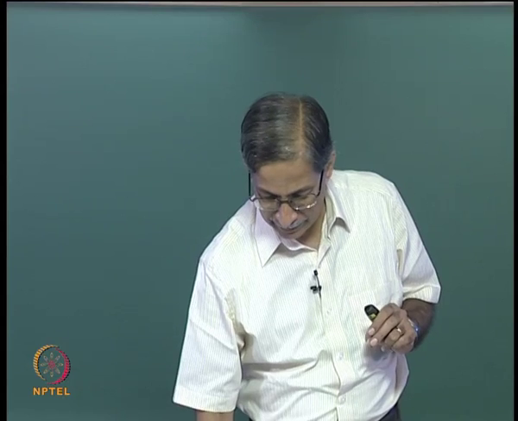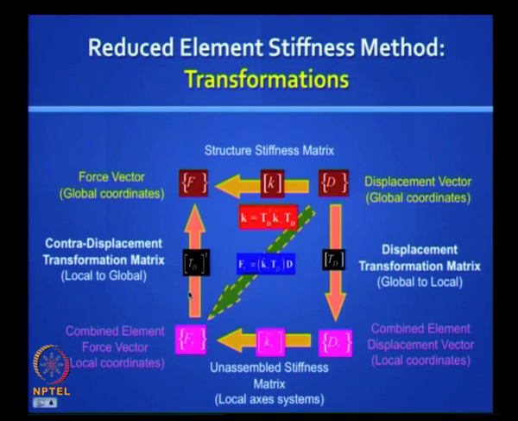Then you know that there is a contra-gradient principle which shows a relationship between the element level forces and the structure level forces, and then you have this transformation TD transpose K star TD which gives you the structure stiffness matrix. Okay.